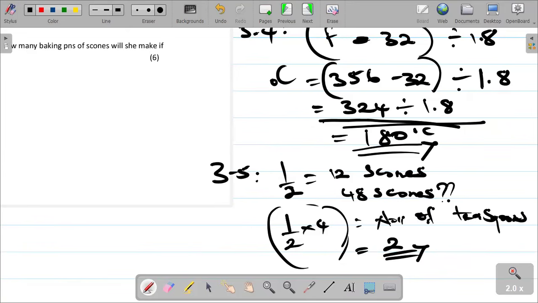So if there are 48, it needs us to have 2 spoons.